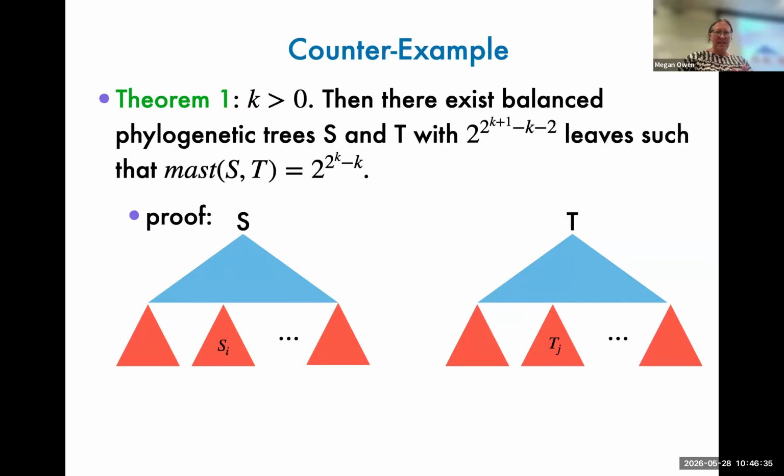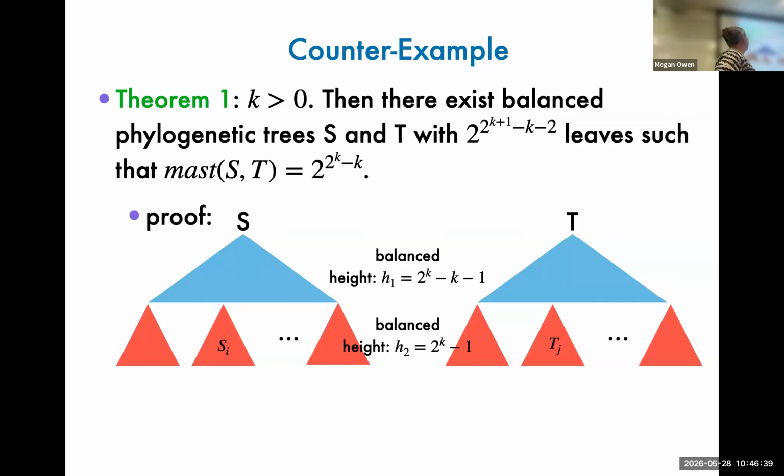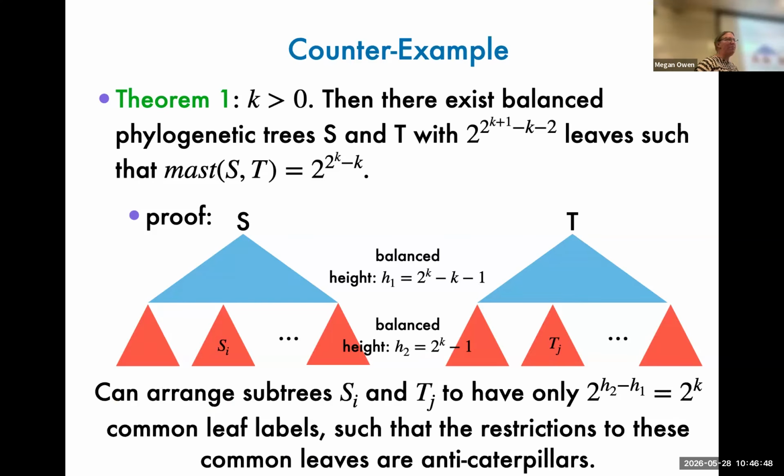The idea is that you take your two trees, and again, I'm not going to go through the numbers, but they all work out. You have these subtrees, and by a pigeonhole principle, you can arrange your subtrees such that Si and Sj only have, in this case, 2k leaves in common.